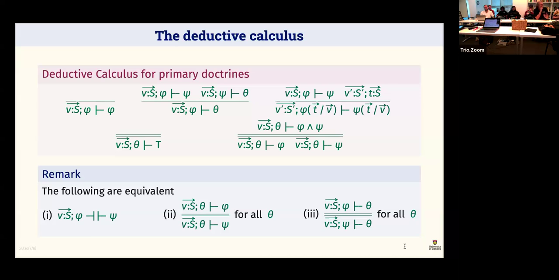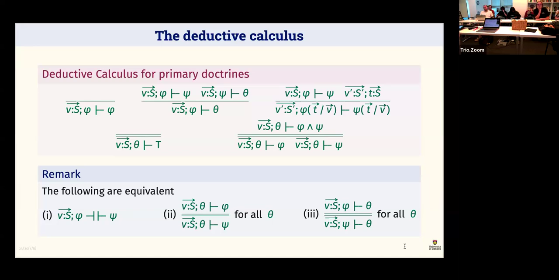Substitution. Mind you, this is saying that if phi entails psi with respect to the variable v, which appears in phi and may appear in phi and psi, then if I can substitute t in there, I get also this. It's a weak form of universality elimination, but I do not write it with the universal quantifier.